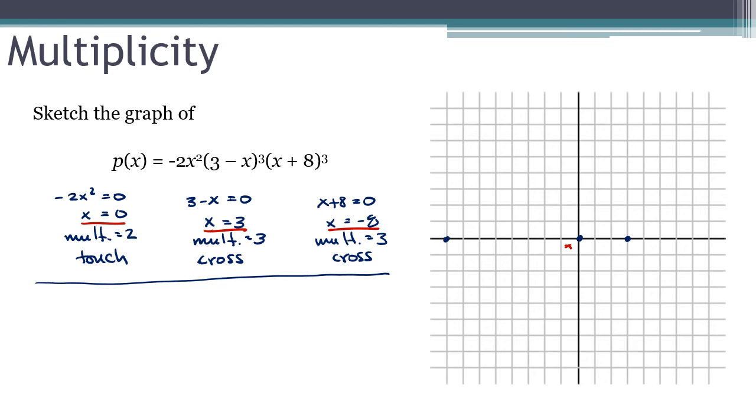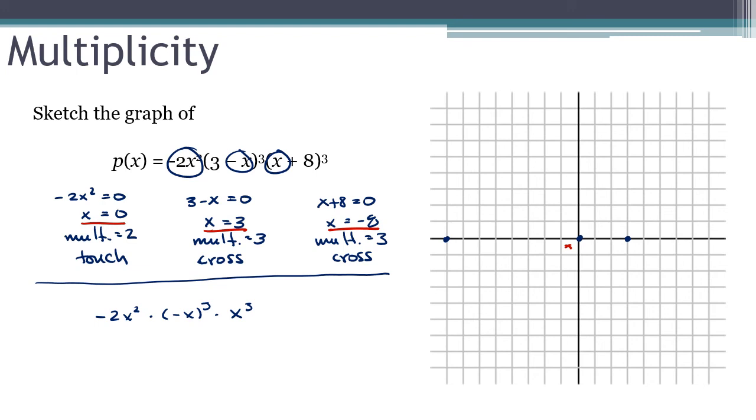Now let's get the end behavior. I'm going to be looking here, here, and here. So we've got -2x squared times -x to the third times x to the third. So let's see, -x to the third is still negative.